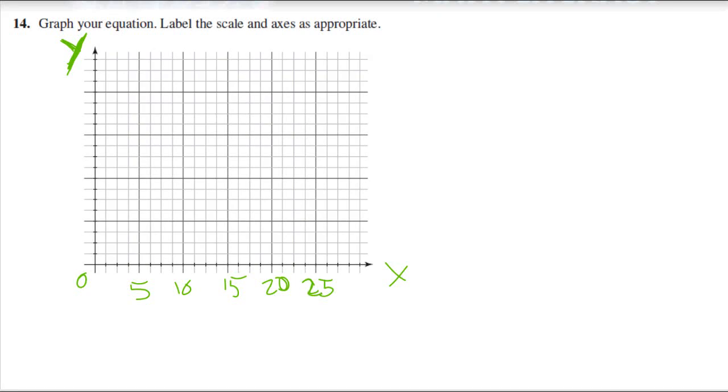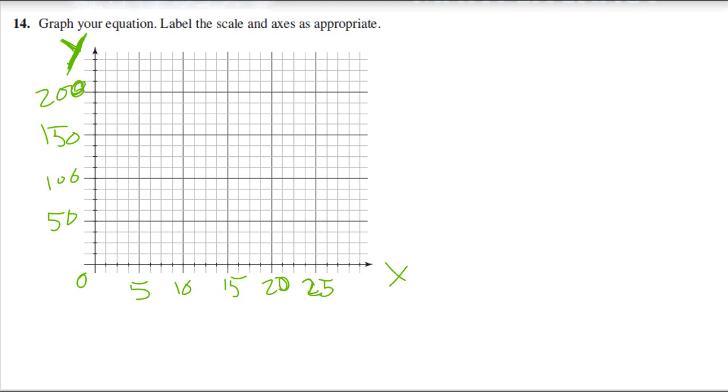And I know at 25, I'm at 228. So if I go by 50, I have 50, 100, 150, 200. The top of the graph then would be 250.